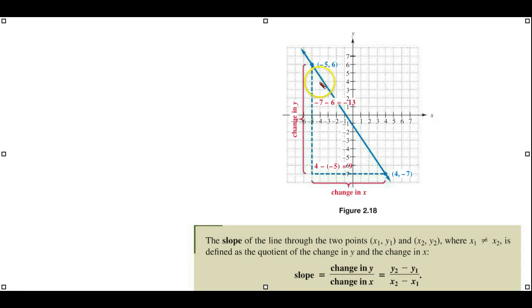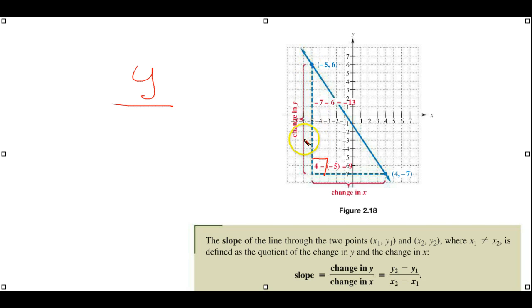So there we see the line that we have made a graph of, and we're now looking at the ratio of changing y over x, and we're making a little right triangle here, where in a sense this is the hypotenuse between our points.